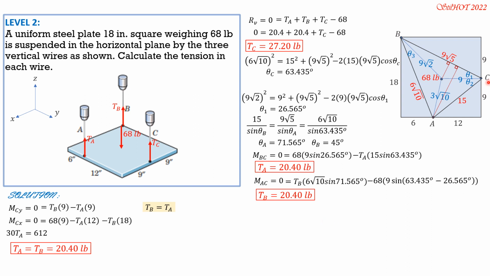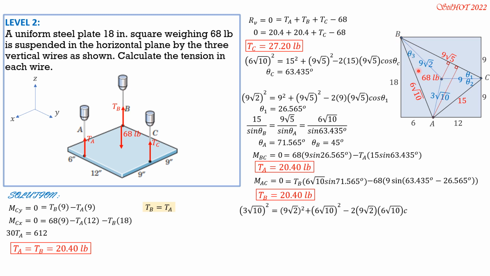Finally, moment about AB to solve for tension at C. This perpendicular distance is 15 sine of theta A. So let's solve for theta 3 first.